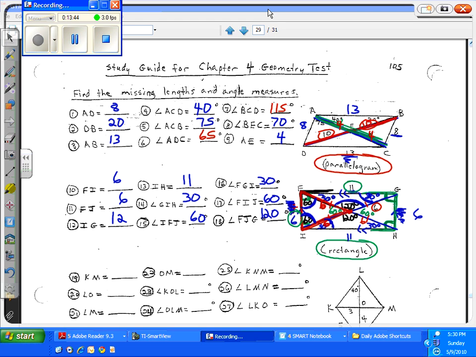And so then we have, if 2 angles of a triangle are equal, then the sides opposite those equal angles are equal. If 2 sides of a triangle are equal, then the angles opposite those equal sides are equal. So we got all that isosceles triangle stuff going on. Any questions on 10 through 18?